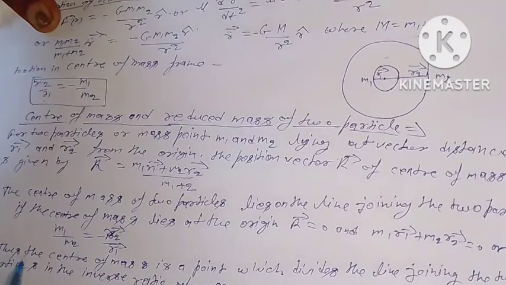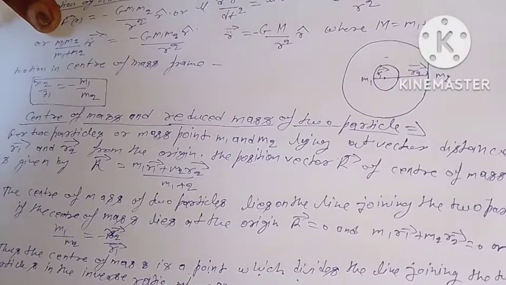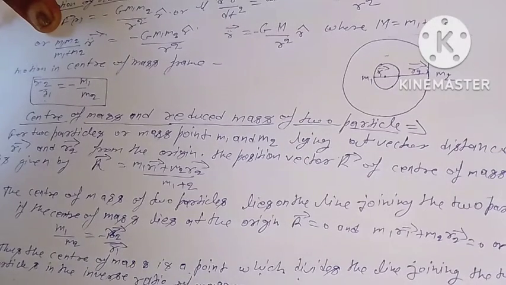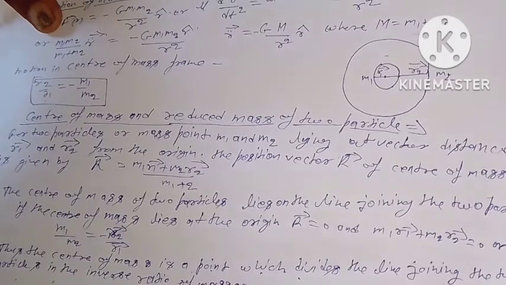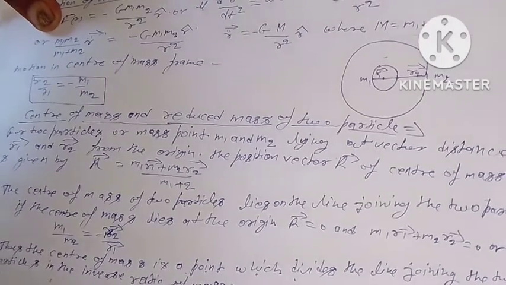Okay? Thus the center of mass is a point which divides the line joining the two particles in the inverse ratio of masses. Okay? Reduced mass. Next is reduced mass.